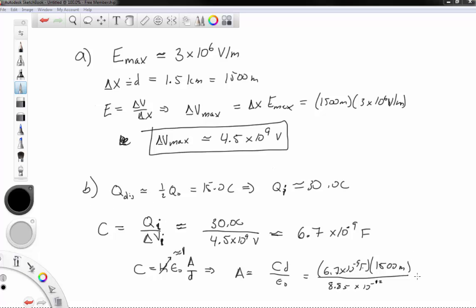So this gives an approximate area of about 1.130 times 10 to the 6th square meters. Or if we wanted to convert it into kilometers, basically it's an area of about 1.1 square kilometers. So the cloud base might be like 1 kilometer by a little more than 1 kilometer.